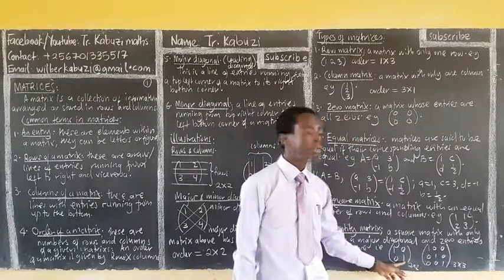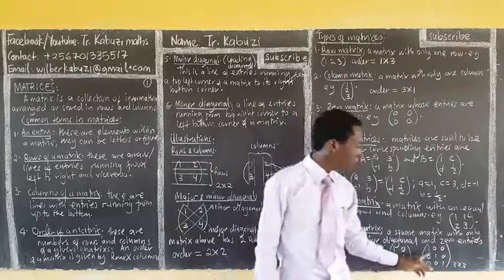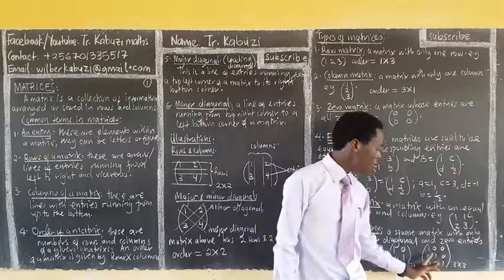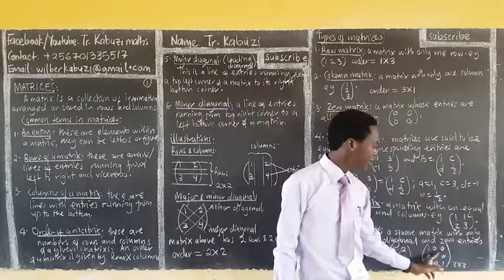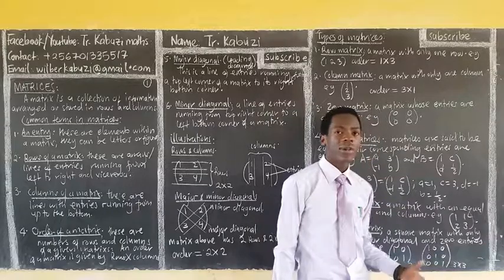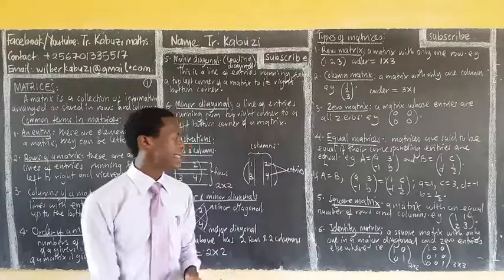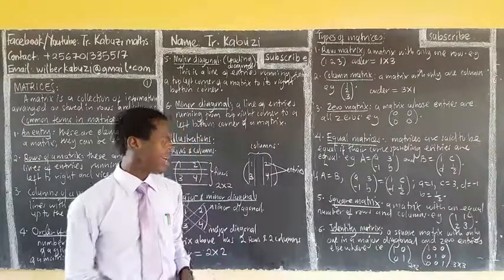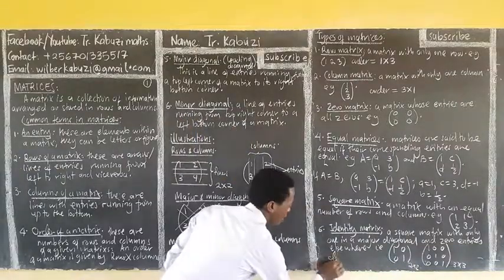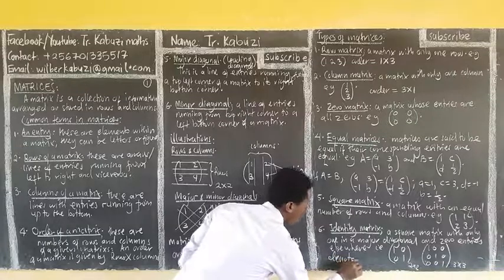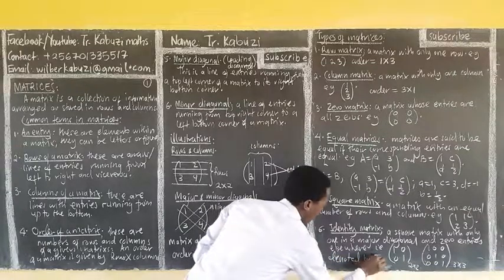You see this one, the major diagonal is 1, 1, 1, then zeros elsewhere. That's what we call an identity matrix, and in most cases it is denoted by the letter I.